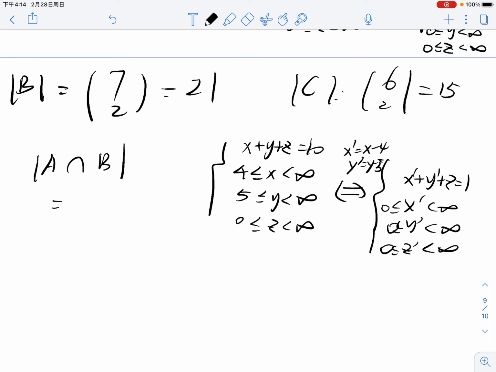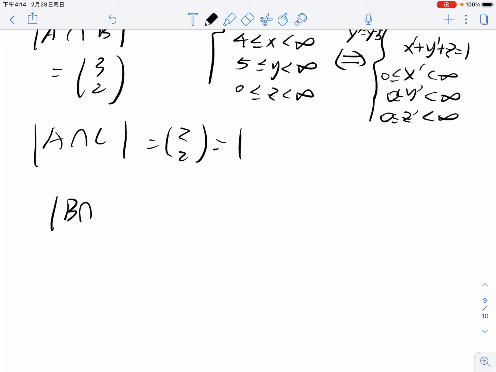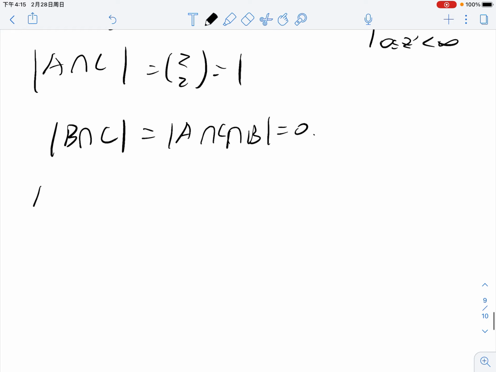Okay, so this is 3 choose 2, and then similarly A in section C is 2 choose 2, B in section C is 0, and A in section B in section C is 0. Therefore, totally you have 66 minus 28 minus 21 minus 15 plus 3 plus 1, which is 6.